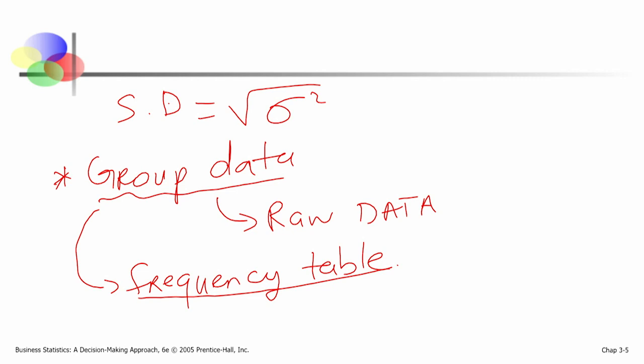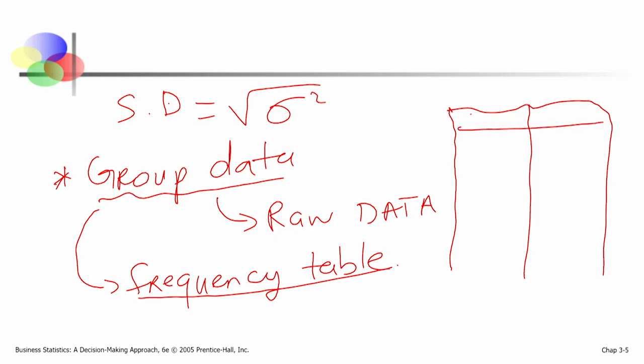Let me make an example of a frequency table. You've got class limits, you also have your frequency. Like for instance, from 0 to 5, 5 to 10, 10 to 15, 15 till 20. Okay, these are class limits.